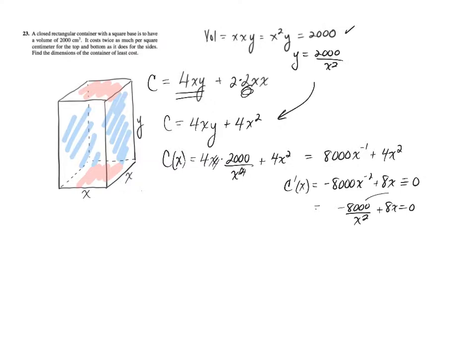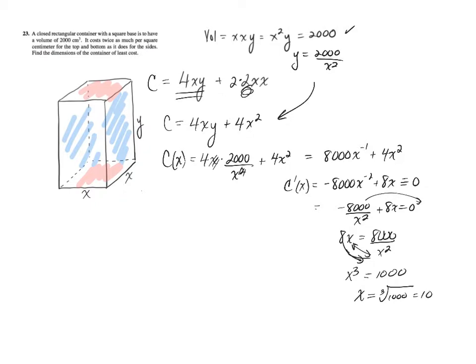So if we bring this guy over to the other side, we're going to have 8x equals 8,000 over x squared. Do a little cross multiplying here and bring the x squared up and make that x cubed. Bring the 8 down and get 8,000 over 8, which is 1,000. And that's awfully convenient because solving for that, we get the cube root of 1,000, which is 10.